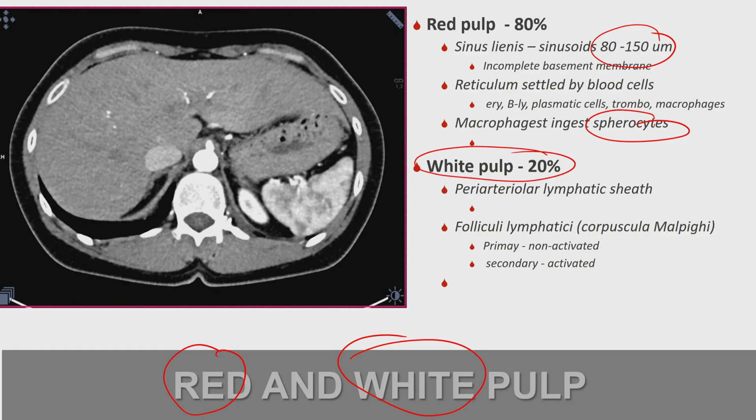It's localized in periarterial lymphatic sheaths, so along arterioles there is a layer of lymphocytes, and they are forming folliculi. Again, you can hear folliculi, like in tonsils, like in wall and mucosa in intestine, or also in bronchi. So they are forming corpuscula Malpighi, and those Malpighian corpuscula are primarily non-activated. The secondary could be activated during immunity reaction. So immunity reaction could be here.